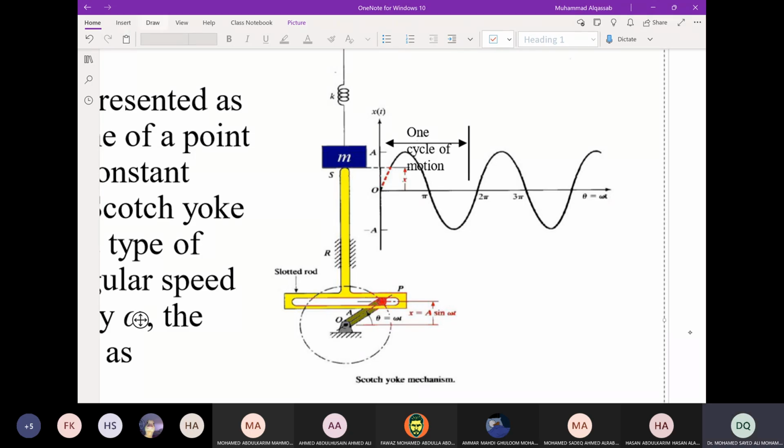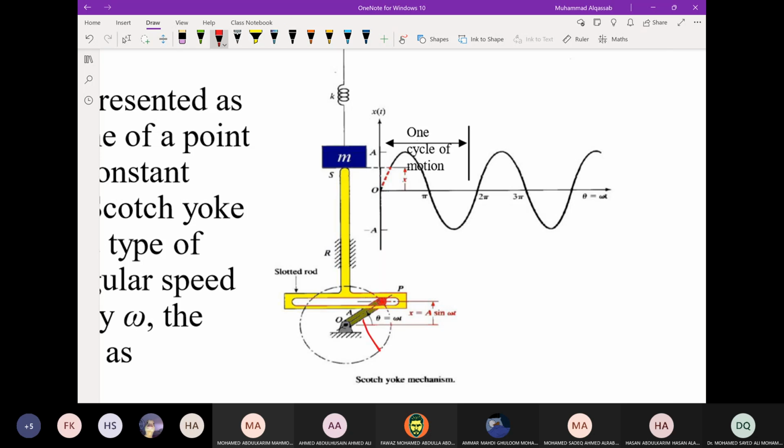Okay, so we have here the crank, which is rotating with angular speed omega. Omega is the angular speed. And this is the rod, which has a slot. The crank has a pin, as shown here with the red circle.